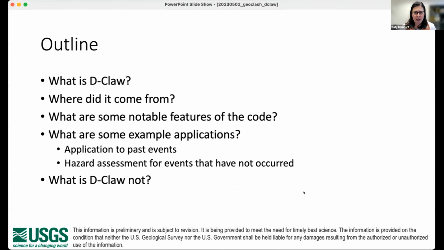So I'm going to talk a little bit about what D-Claw is, where it came from, what some notable features of the code are, and give example applications that include past events and hazard assessment for events that have not occurred. And I'll conclude with a few things that D-Claw is not.